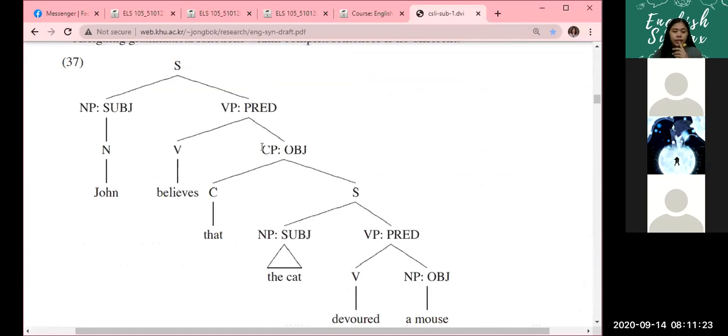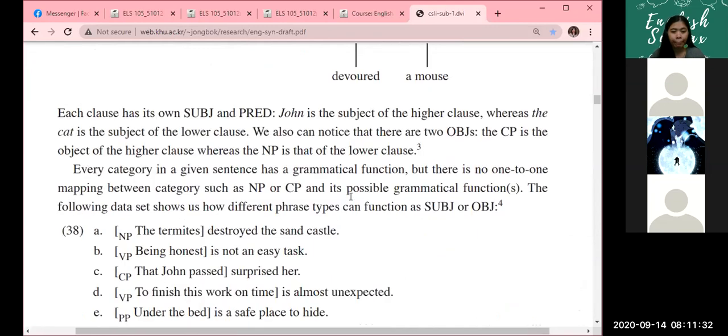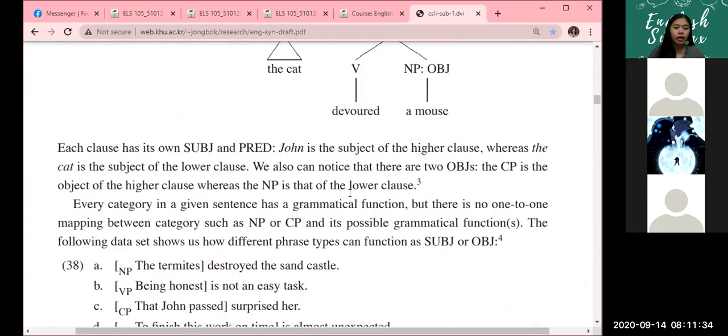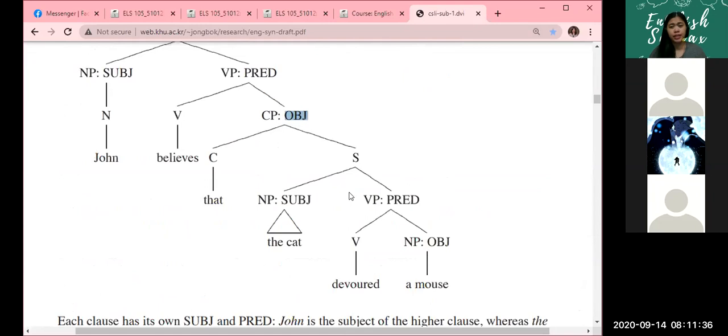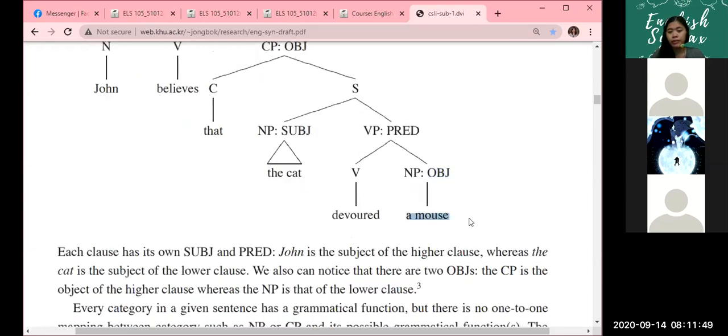So we can also have CP here, which is the object of the, let me breathe first, object of the sentence. In terms of grammatical function, we also have here another sentence which also has another NP, another VP, and so on. And an NP here becomes the object of the sentence. Okay, clear enough?